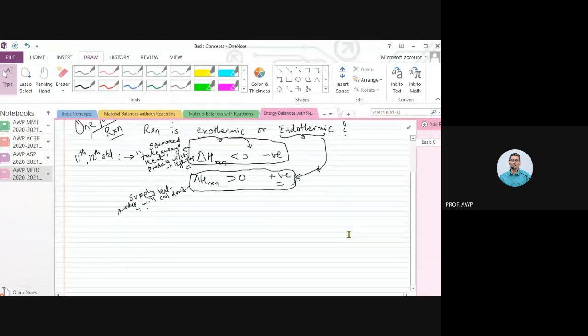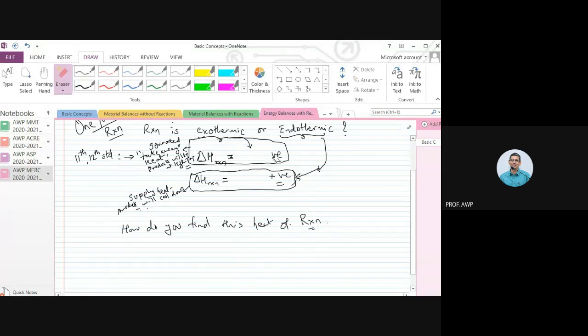All right. So how do you find this heat of reaction? Don't you think it is important to know this heat of reaction, whether it is endothermic or exothermic, and how much is the value? Depending on that, we need to decide how much heat I need to remove, or how much I need to supply.